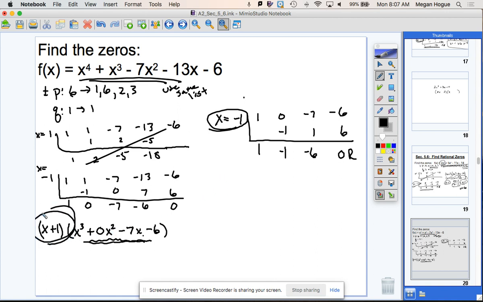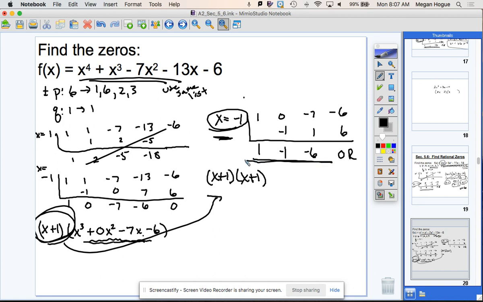That means there was this binomial, and then I have a binomial again, so I bring this one over, another x plus 1. And then what's here? x squared minus x minus 6. So that -1 was a solution 2 times.